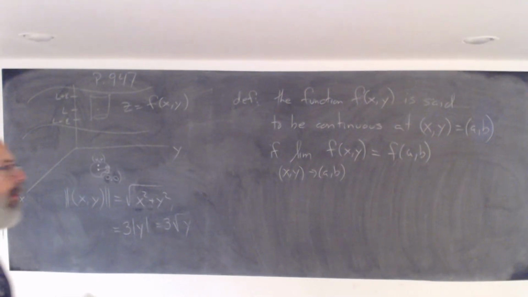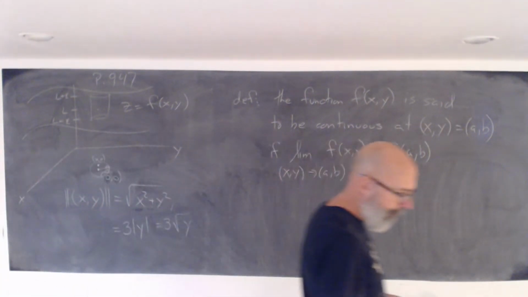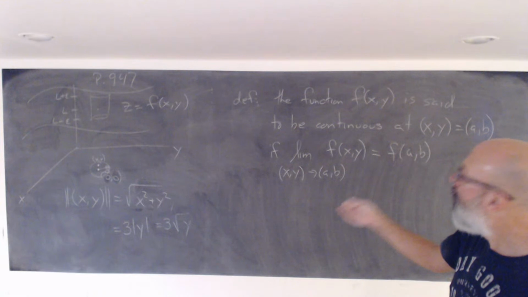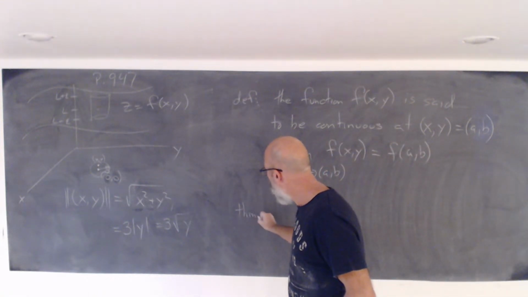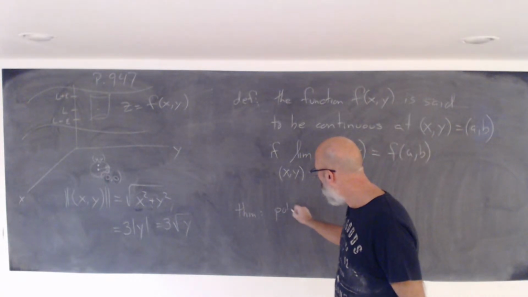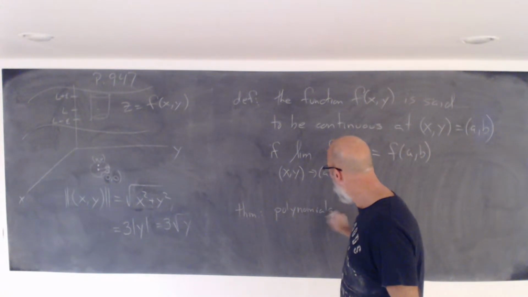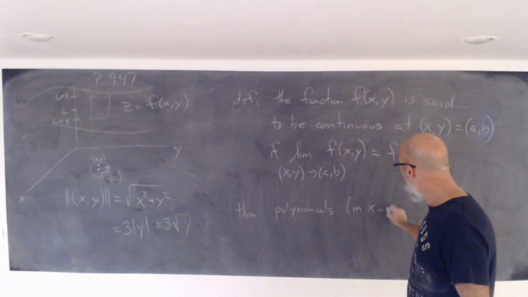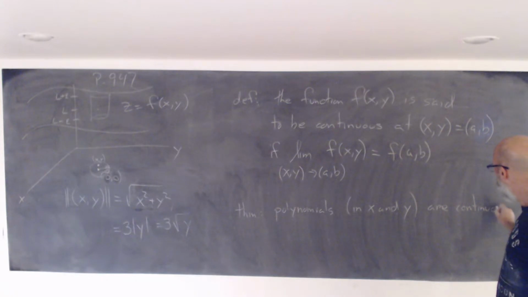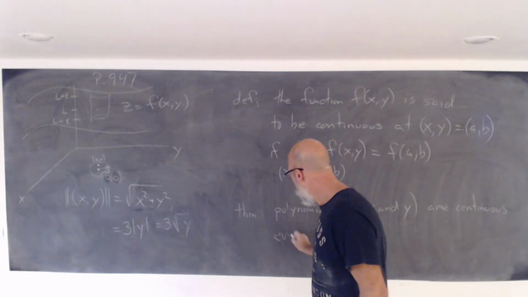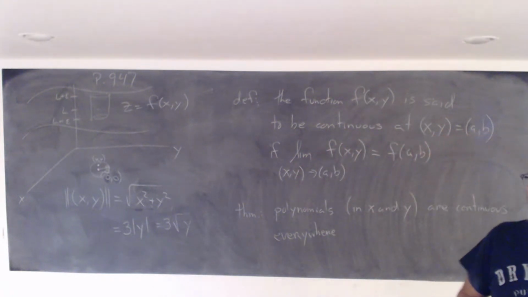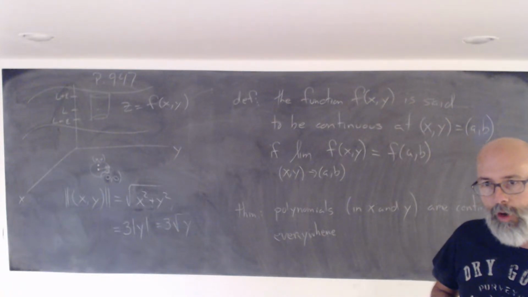And using properties of the limit, properties which extend from Cal 1 again, let me state it as a theorem. I won't prove it, but polynomials in x and y are continuous everywhere.